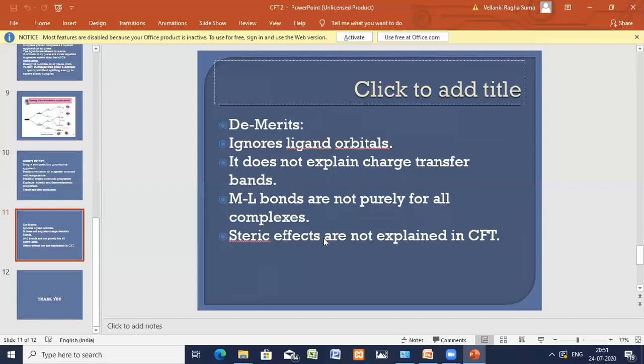Okay, in the crystal field theory, the previous session was one session and this is the second session.